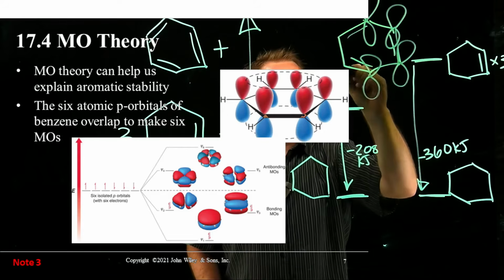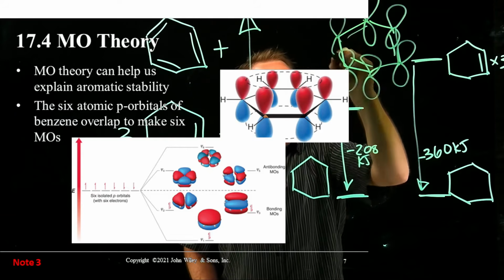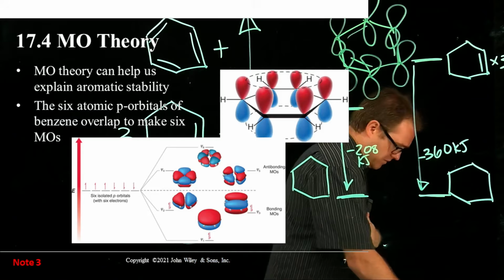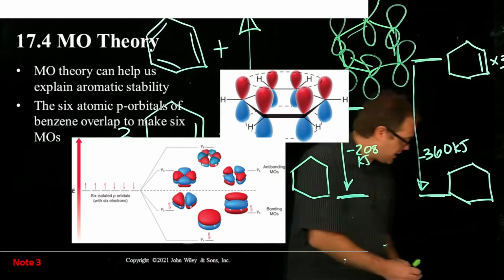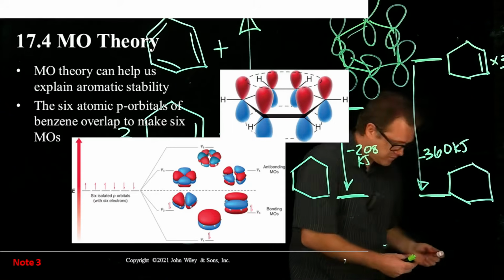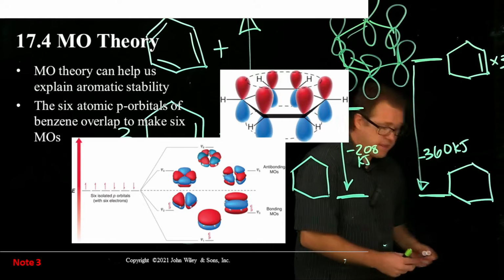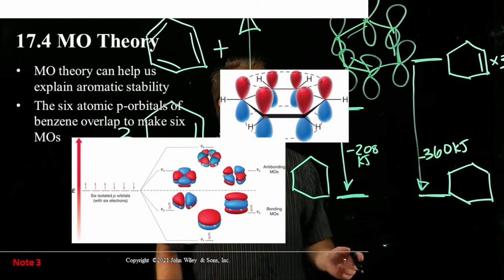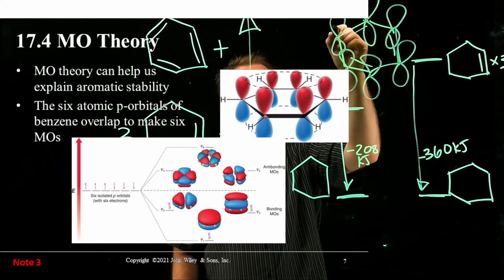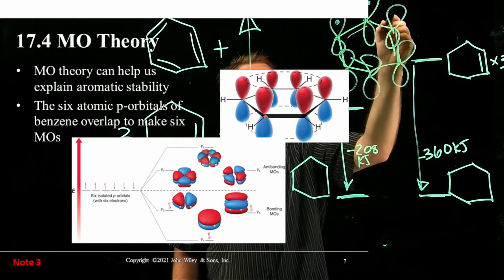Okay. And in each of those p orbitals, there's 1 electron each.